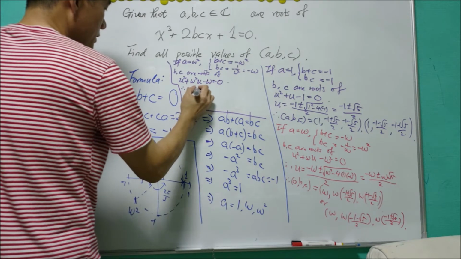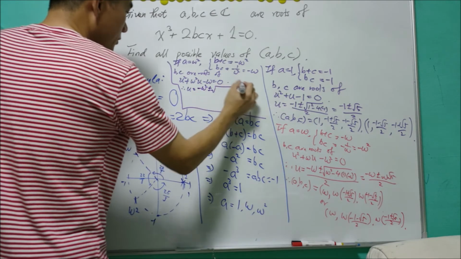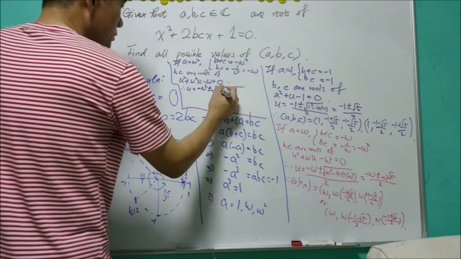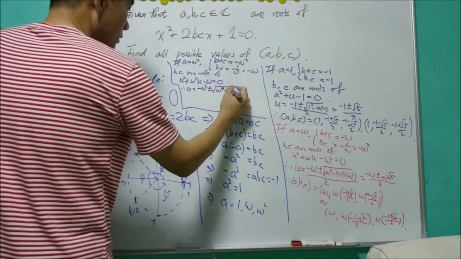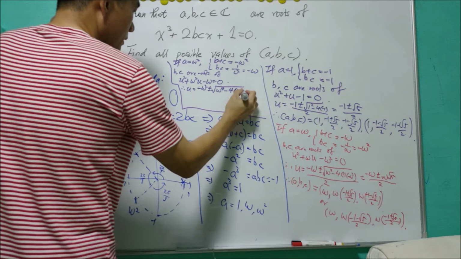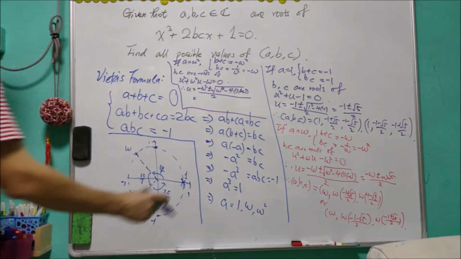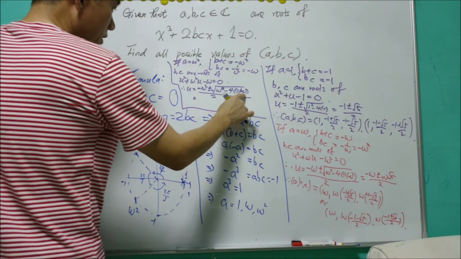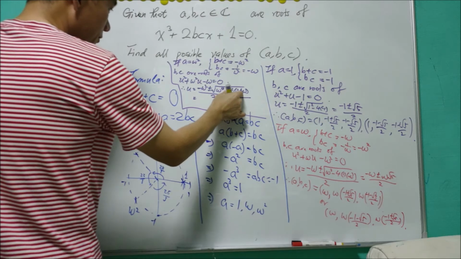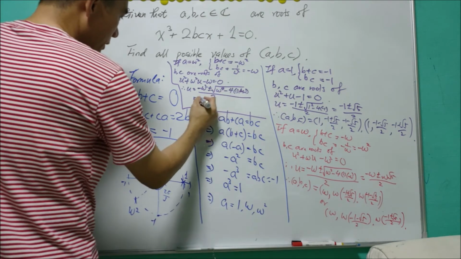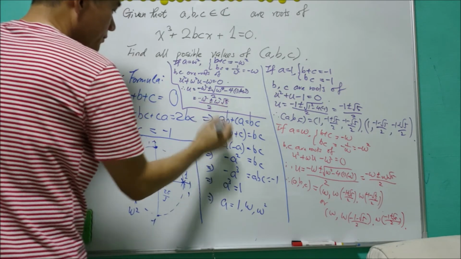And therefore u is equal to negative w squared plus minus square root of w to the power 4 minus 4 times 1 times negative w, over 2. Now note that w is actually equal to w to the power 4. So this is w to the power 4 plus 4w to the power 4, and it will be equal to w squared square root of 5 over 2.